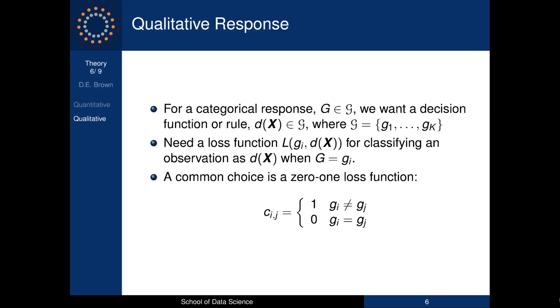It's a very simple and intuitive loss function. It basically says that if the true value for this particular observation is equal to what we choose it to be, then we get a zero loss. We're basically rewarded by having no loss. On the other hand, if we pick the wrong answer, then we have a value of 1. So the loss is 1 if we incorrectly select, and it's 0 if we correctly select.